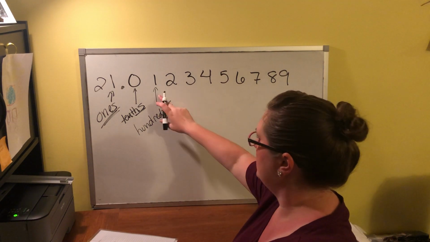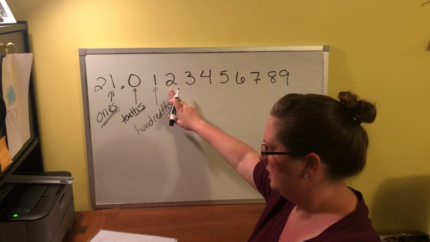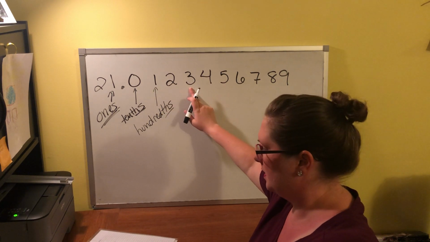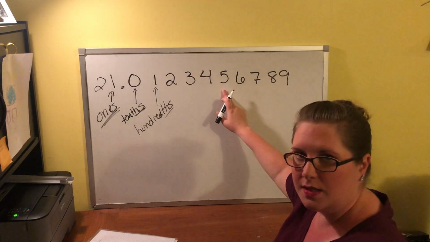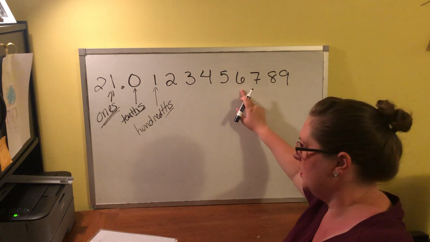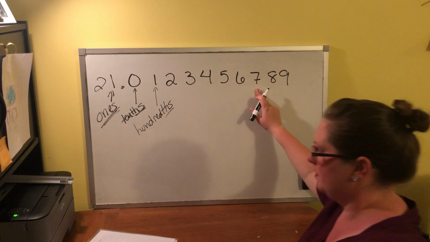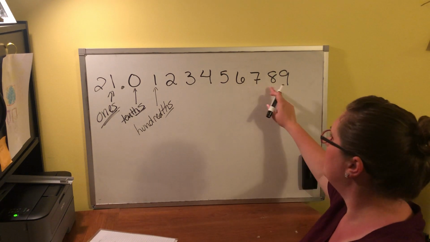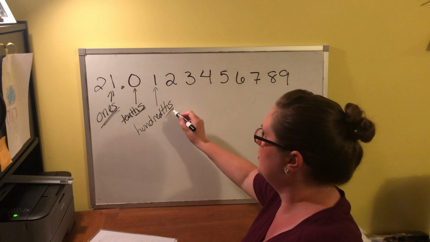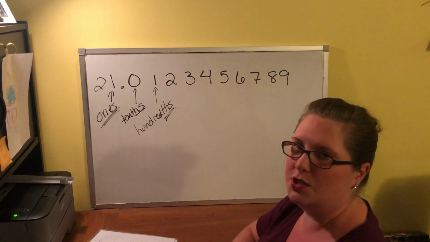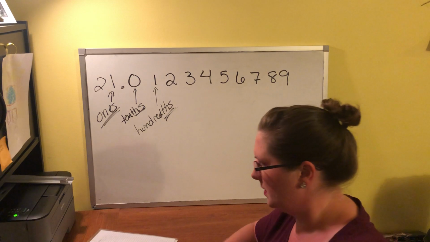So after hundreds, you have thousands, 10,000s, 100,000s, millions, 10 millions, 100 millions, billions, 10 billions, and so on and so forth. The thing that's the most important, right, is that if it ends in that THS, it's letting us know that it's a decimal place, okay?